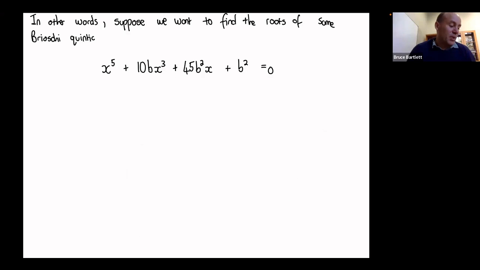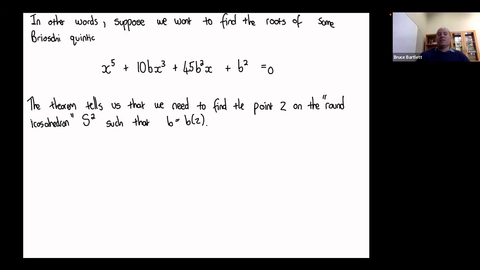So let's boil that down into more basic language. In other words, what's it saying? Suppose we want to find the roots of some brioche quintic. So I've got some equation like this. I'm trying to solve for x. B is some number. So I've got a specific quintic equation. The theorem tells us that what we need to do is find the point z on the round icosahedron such that b is equal to b of z.